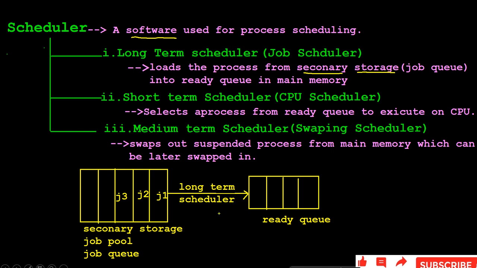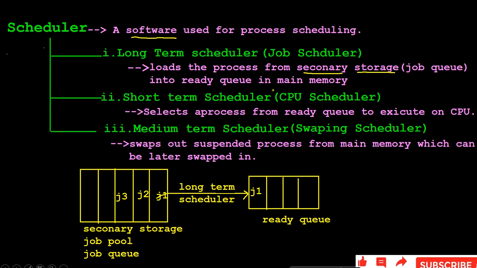In the default condition, the first program is J1, so it will load J1 into the ready queue. Since only J1 is there, J1 will be selected for execution. So this is the task of the long-term scheduler. It will load the processes from secondary storage or job pool, which we can also call the job queue, into the ready queue.